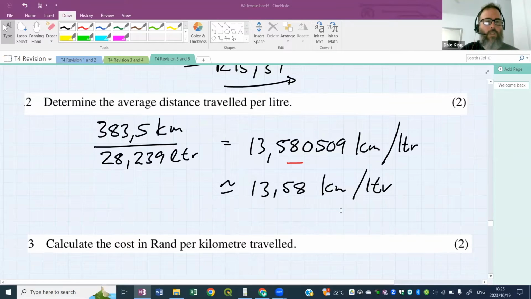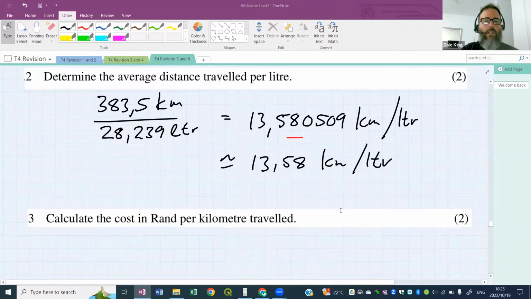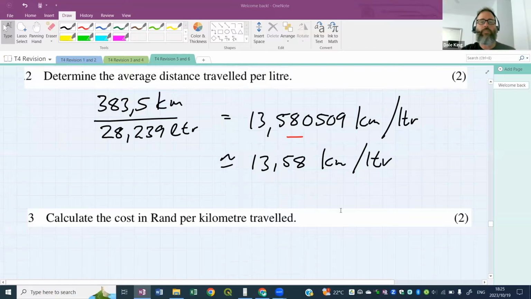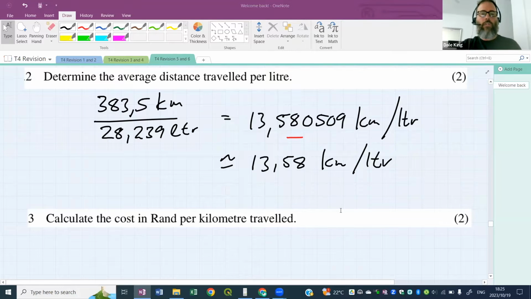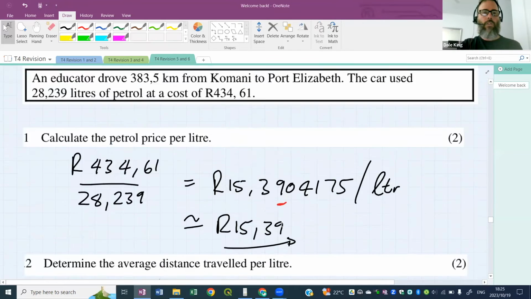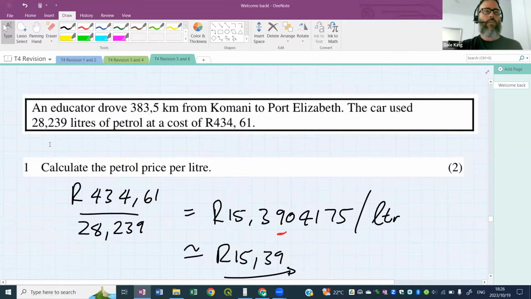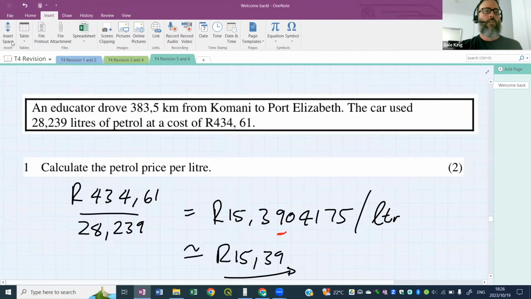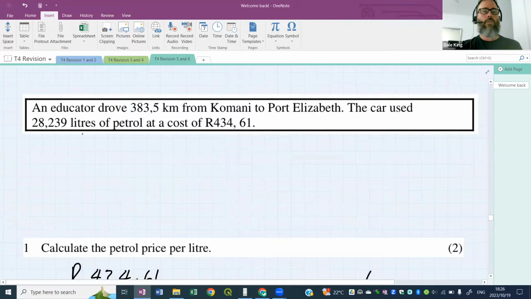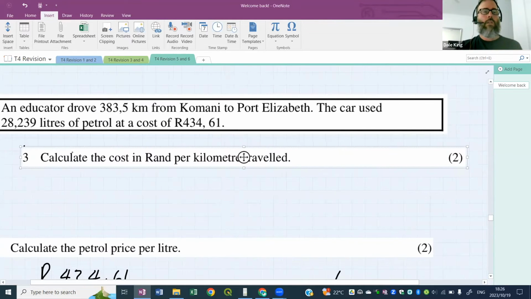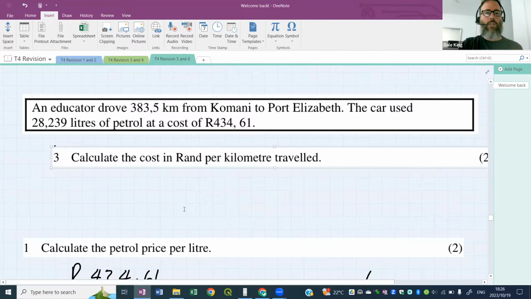All right. Next question. Calculate the cost in rand per kilometer traveled. Calculate the rand cost per kilometer traveled. I'm going to bring this question up here and squeeze it under here so you all can see it. There's the third question. It's right underneath the context.